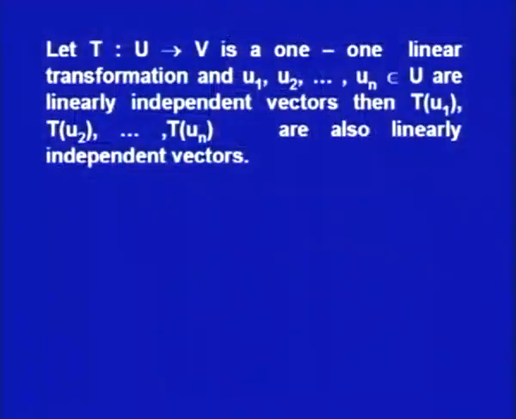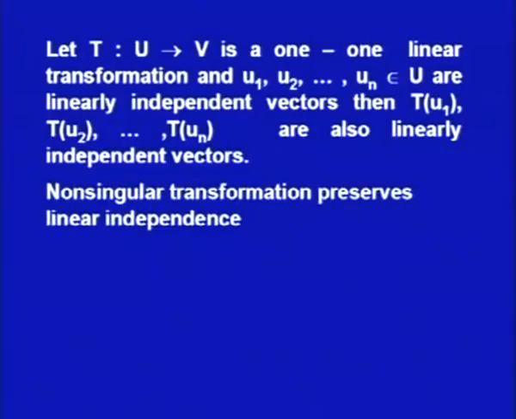Now if T is a linear transformation from U into V, it is a 1-1 linear transformation, and the vectors u1, u2, ..., un belonging to U are linearly independent vectors, then their images Tu1, Tu2, ..., Tun are also linearly independent vectors. This is a result which we have proved in my earlier lectures. Now we will make use of this, and then we can say that a non-singular transformation preserves linear independence.